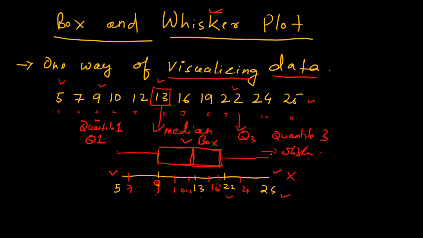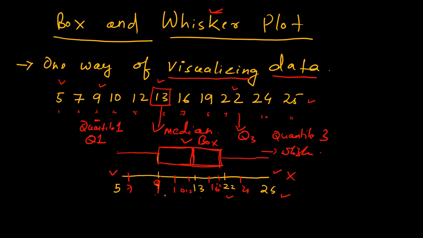Now what's the purpose of doing this? Well, in most data analysis, you will need to visualize your data before you go into modeling. So by looking at the box and whisker plot, you'll be able to know how the data is concentrated, where exactly it is concentrated.